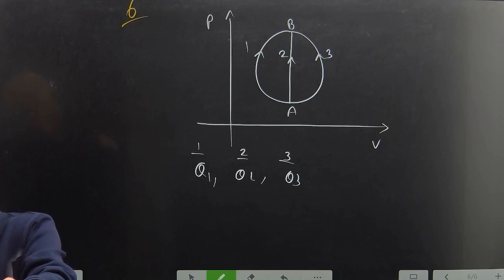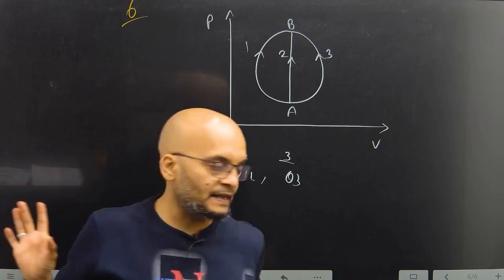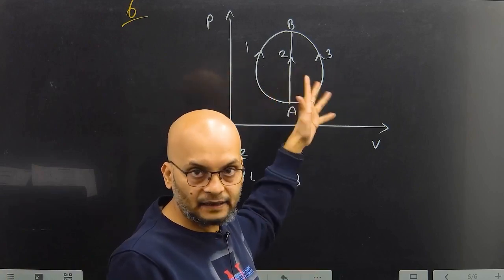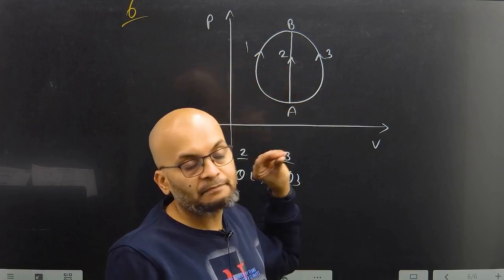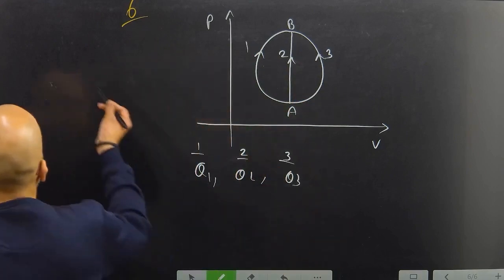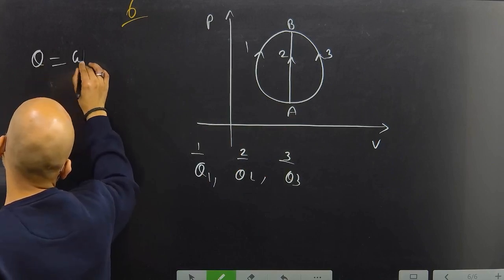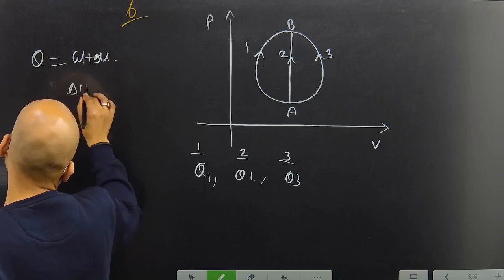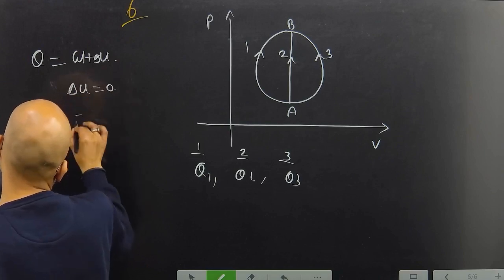Since it is a closed loop, cyclic, that means the internal energy change will be 0. Yes or no? We all know Q is equal to W plus delta U. Since it is cyclic, delta U will be 0. Closed path system it is.